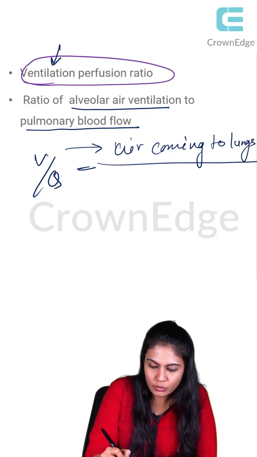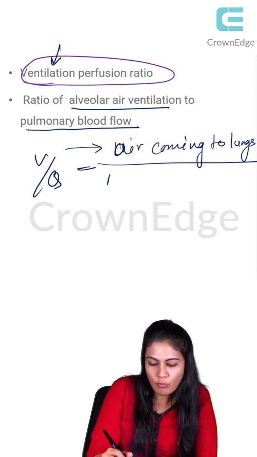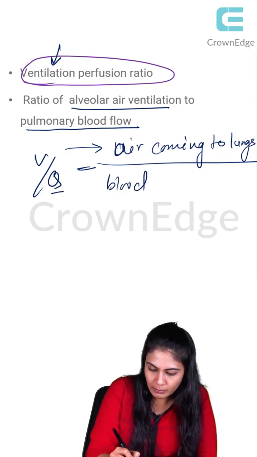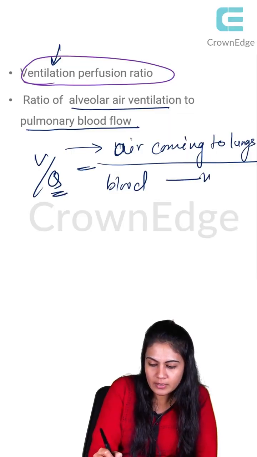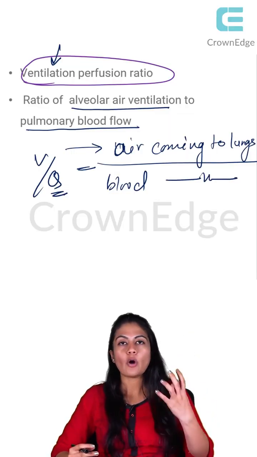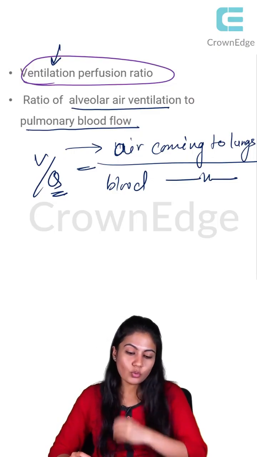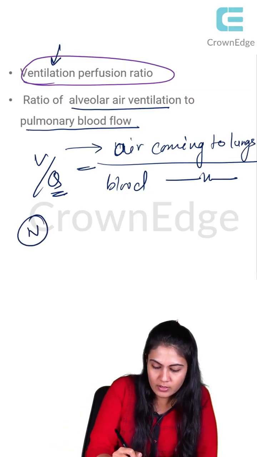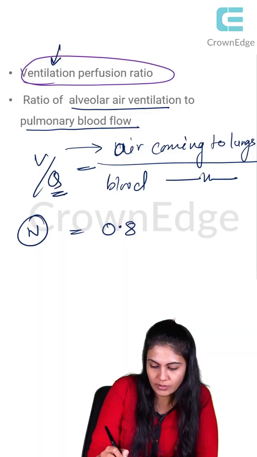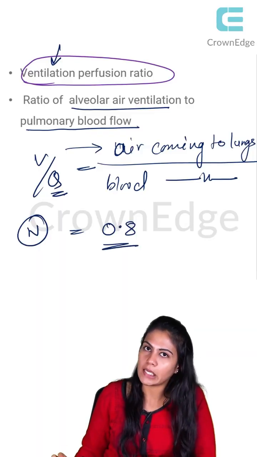And what do you mean by perfusion? It means the blood flow. The Q is nothing but the perfusion, how much blood is coming to the lung. Simply, how much blood is coming to the lung and how much air is coming to the lung, right? So normally, how much is it? It is 0.8, right?